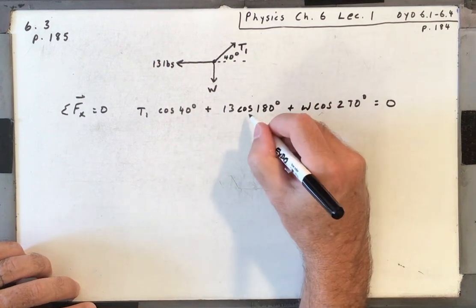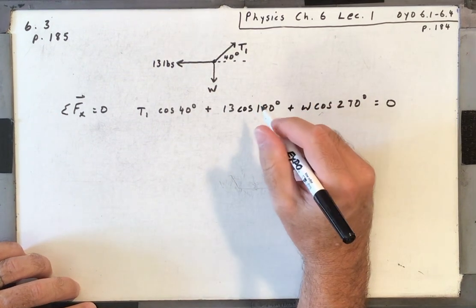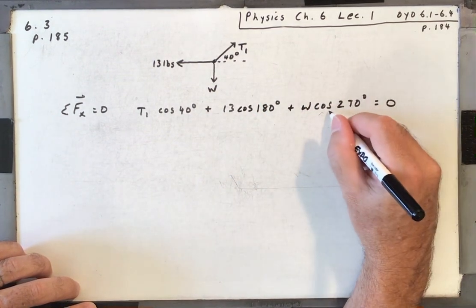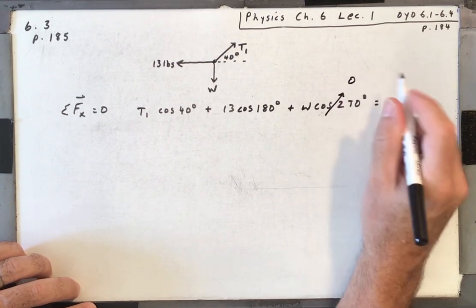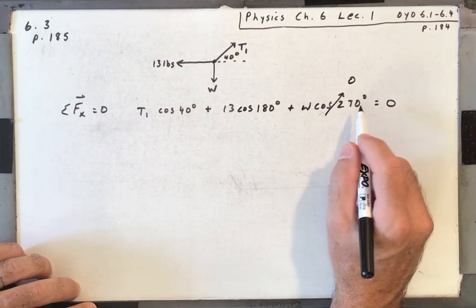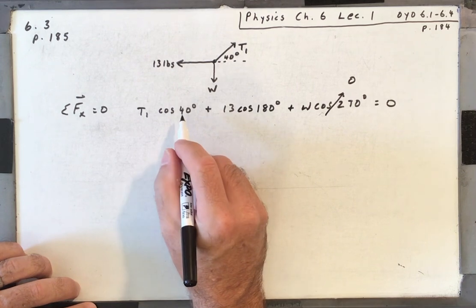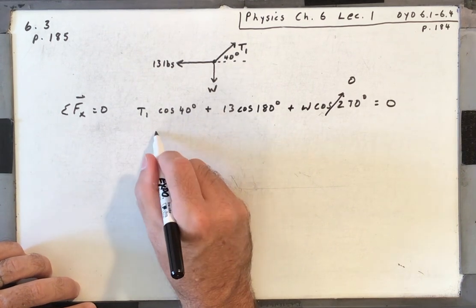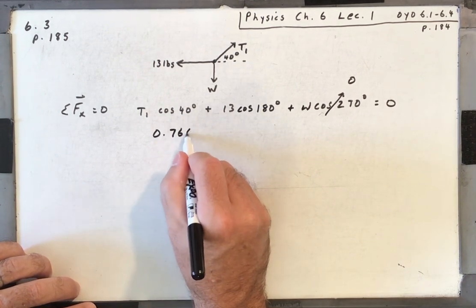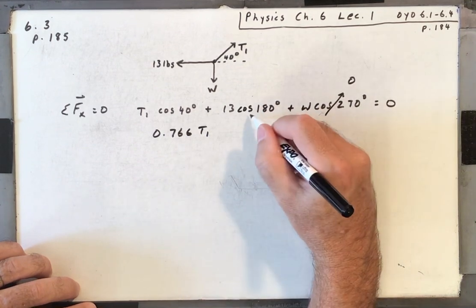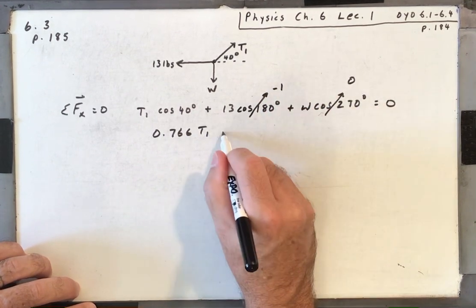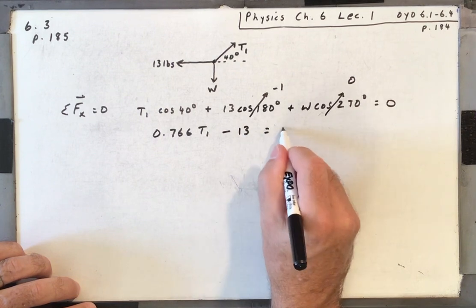Well, I know cosine of 180 is -1, so this is 0. Right? You can put that in your calculator. Cosine 270 is 0. Cosine of 40 degrees is 0.766. The cosine of 180 is -1, so minus 13 is equal to 0.